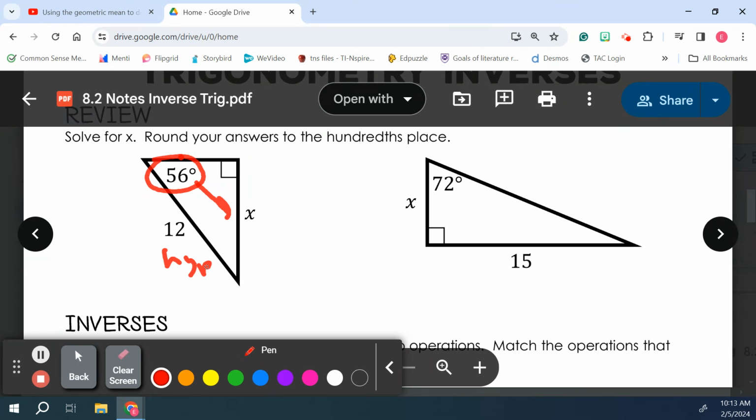Who could tell me? We have sine, cosine, and tangent. Okay, so just to recap, remember we have SOH CAH TOA. So which one's it going to be? Sine, cosine, or tangent?